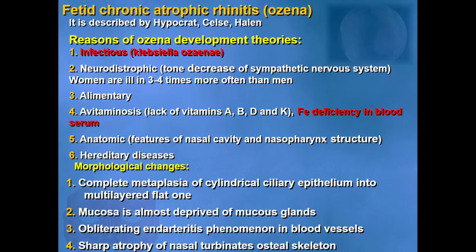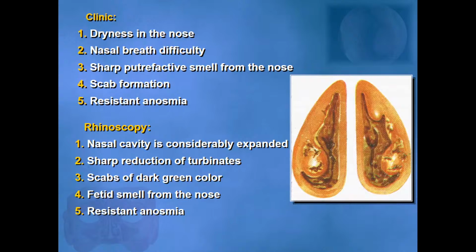What changes of nasal mucosa can we see under microscopy? It's complete metaplasia of cylindrical ciliated epithelium to multilayer squamous. The mucosa is almost deprived of mucous glands, with obliterating endarteritis phenomena in blood vessels and sharp atrophy of nasal turbinates or bone skeleton.